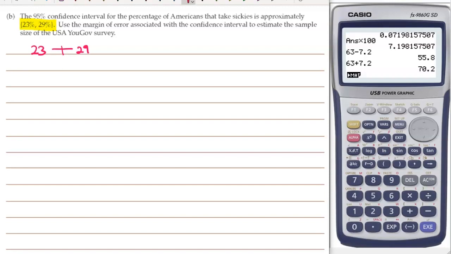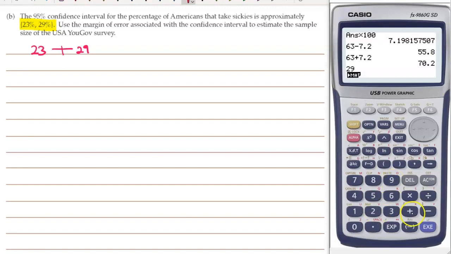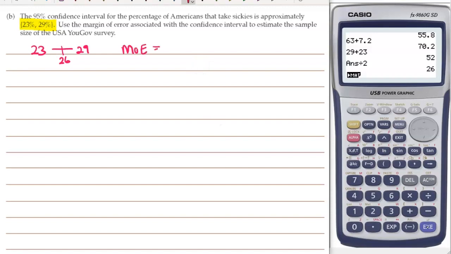Halfway between, there's going to be 26, and if you're not super confident, you can just add them up and divide it by 2. So 26 is the halfway point. So we've got a plus or minus 3 on either side. So the margin of error is equal to plus or minus 3%, because from that middle value of 26, it's gone either way by 3.